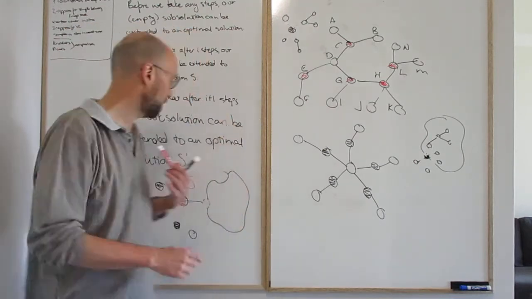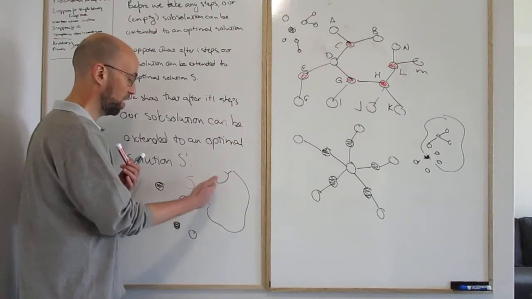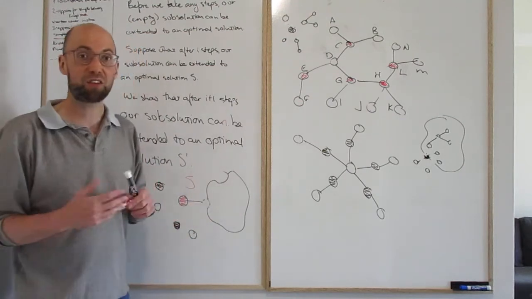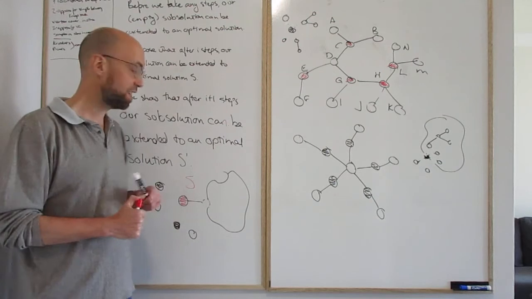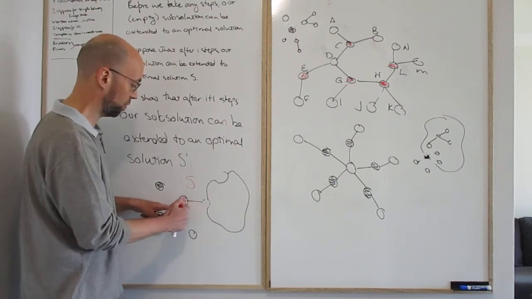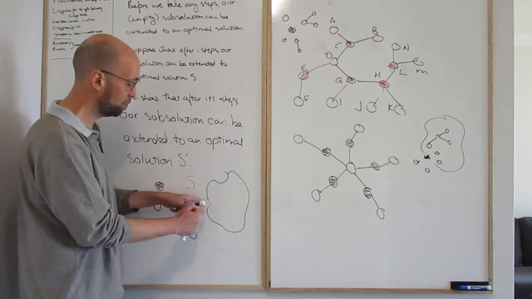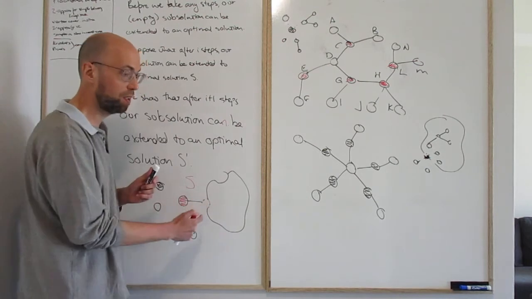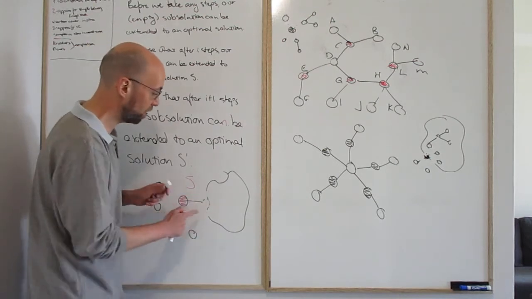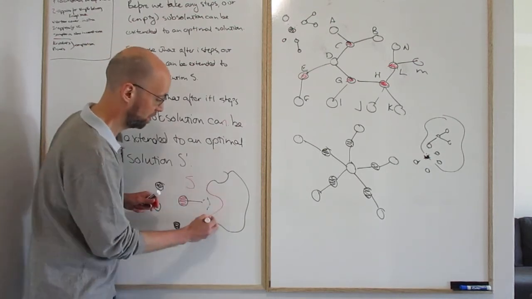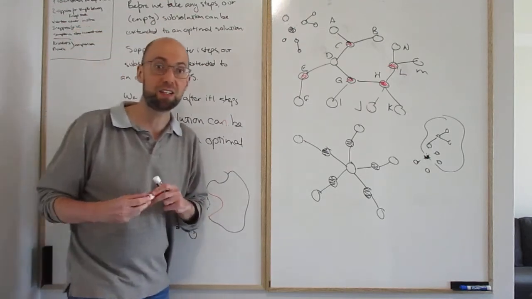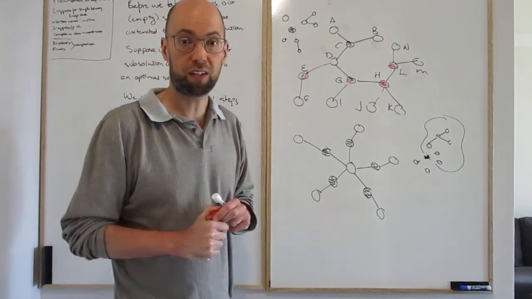And maybe I cover this edge, and I cover some other stuff. So it can't hurt me. I can take the solution where they put the guard on the leaf, and I can move the guard to the neighbor. Maybe the neighbor is also a leaf. But I'm not increasing the size of the vertex cover.